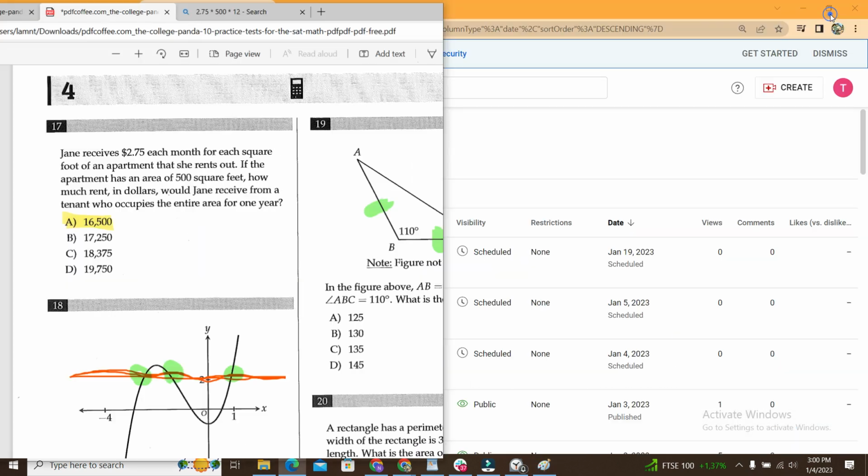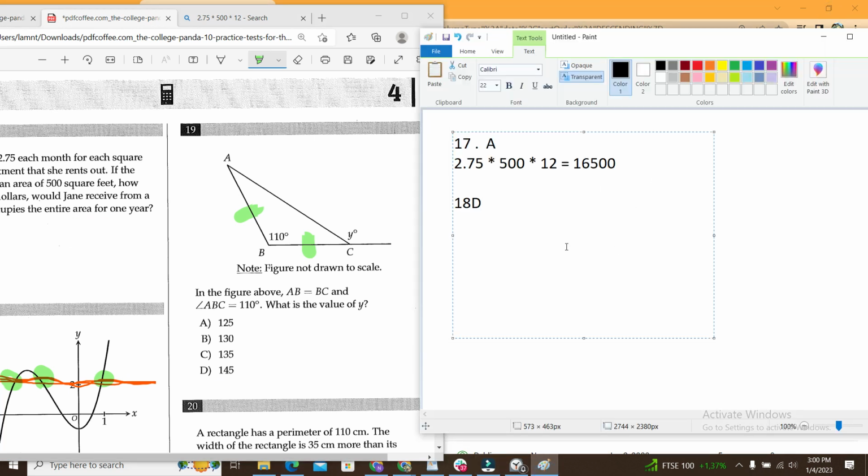Okay, so let's calculate this a little bit carefully. So 19. Because AB is equal to BC, we know that the triangle ABC is isosceles. Right? Isosceles at B, which means AB equal to BC.